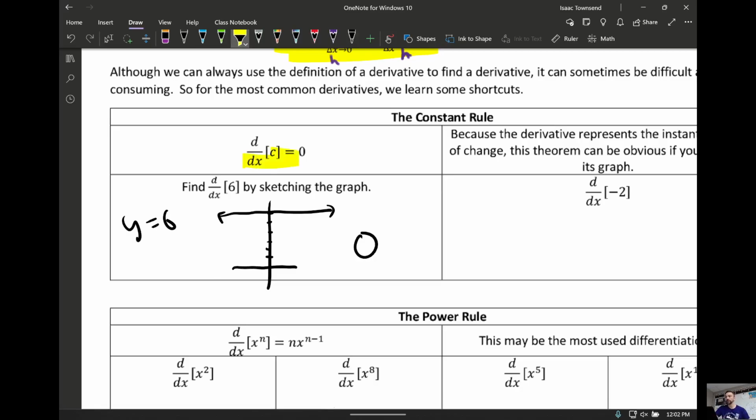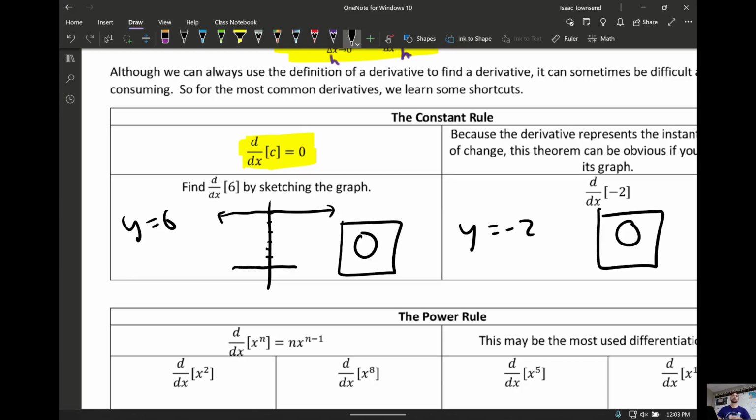So the derivative of a constant is always 0, because a constant always has a slope of 0. Like this one, y equals -2. The derivative of a constant is always 0, because the slope of a constant function is flat. It has no rise.